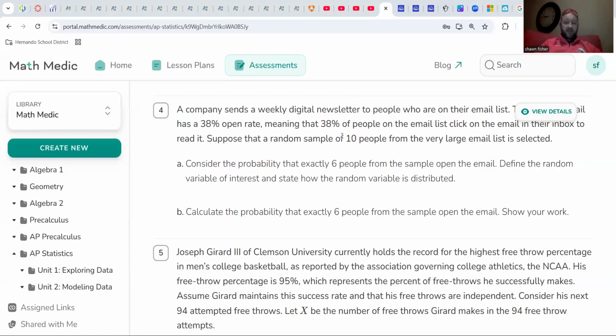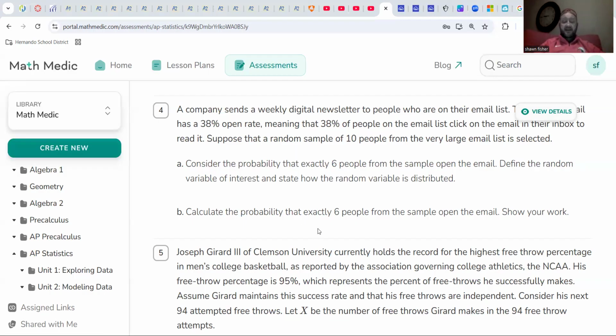And does the probability remain the same? Yeah, 38%, throughout all of them. So the probability that a person is selected to click on the email in their inbox to read it. That's what we're saying. And this is a binomial distribution. That's how we'll read it.